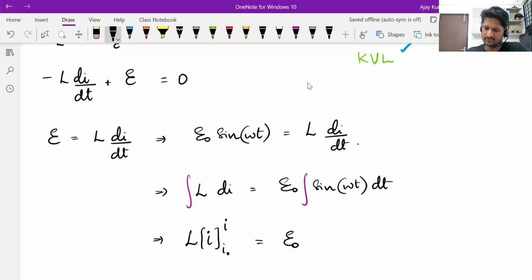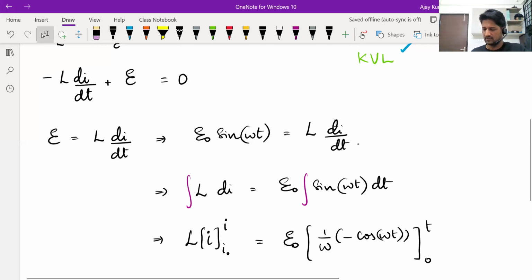Sir, cos omega t into omega. No, you told the derivative of sine omega t. Oh, yeah, it is 1 by omega into minus cos omega t. Correct. It will be 1 by omega into minus cos omega t, and from 0 to t time.